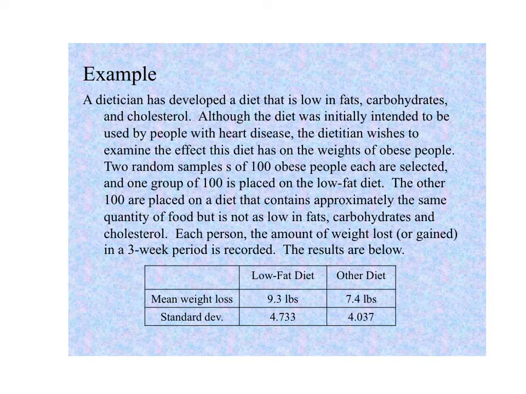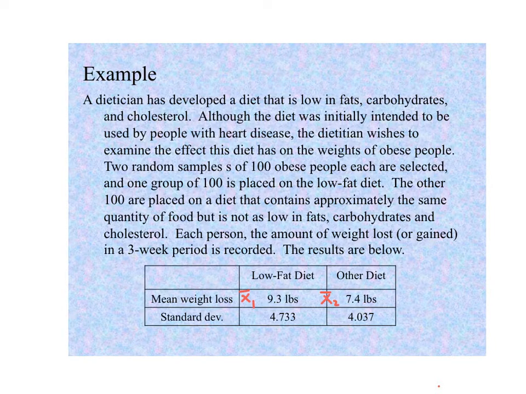And so what they're giving us here, let me point this out, the 9.3, for example, is our x bar, but I'm going to call it x1 bar. And the other mean over here for the other diet is called x2 bar.